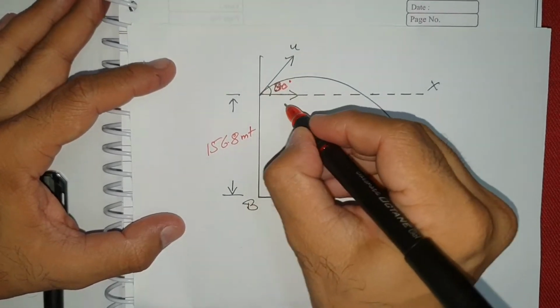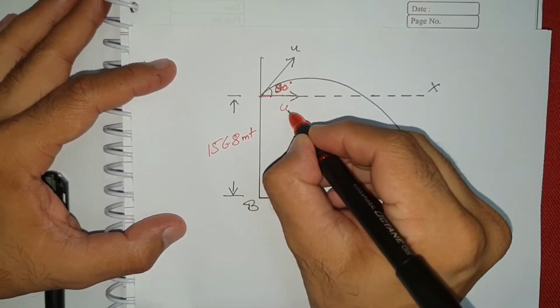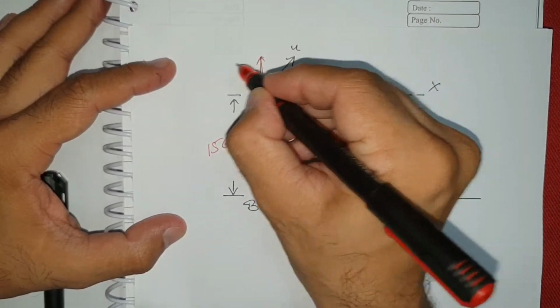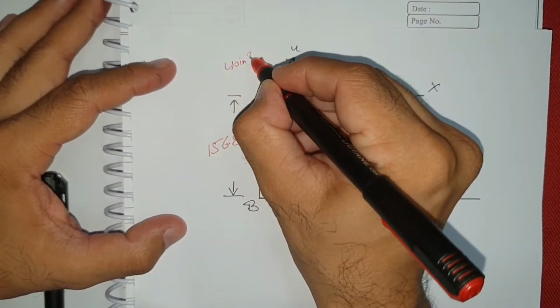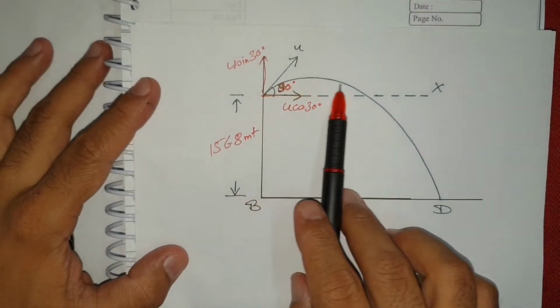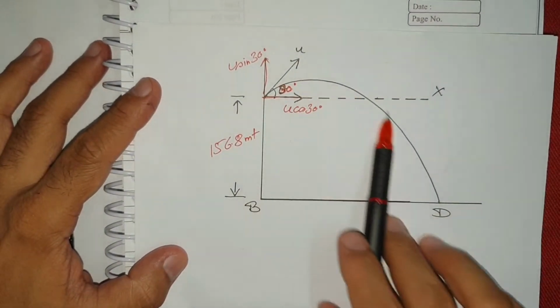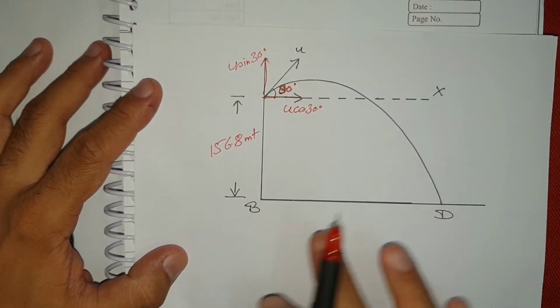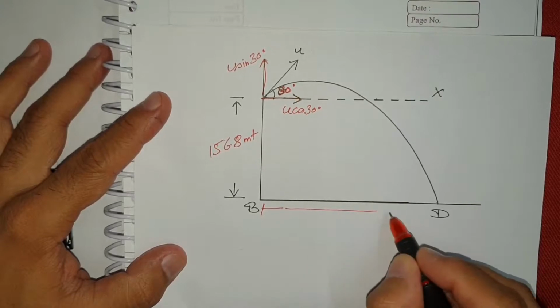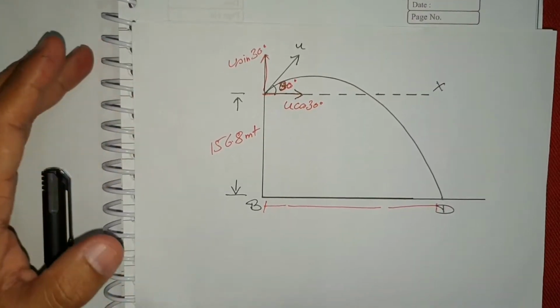Resolving this into two components, this will be u cos 30 degree and this will be u sin 30 degree. It reaches at this point. So we have to find the time taken by this ball to reach this point, as well as this horizontal distance.